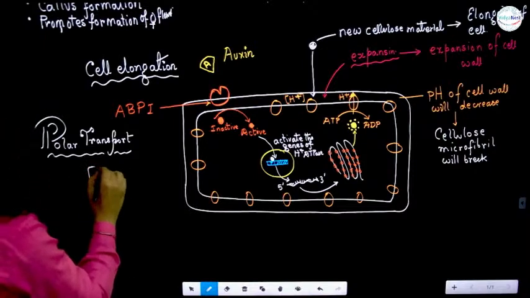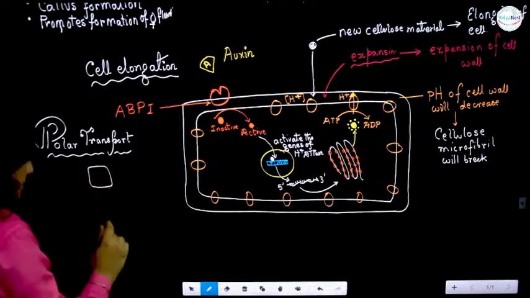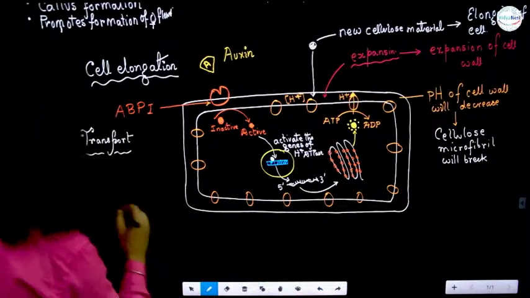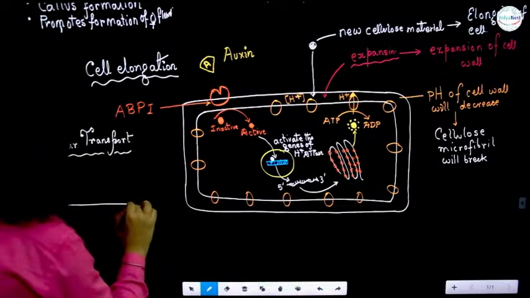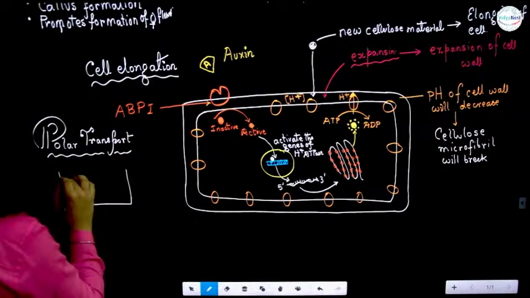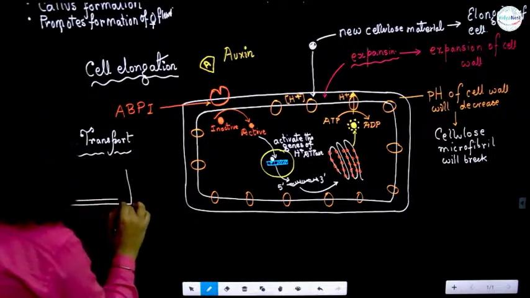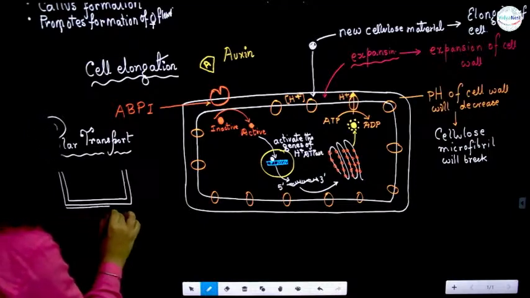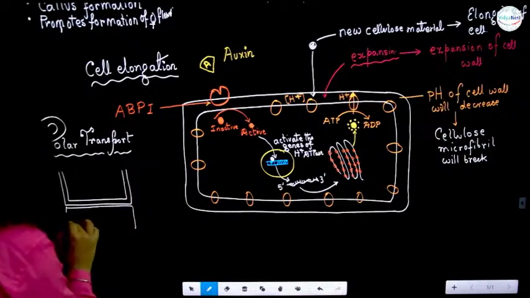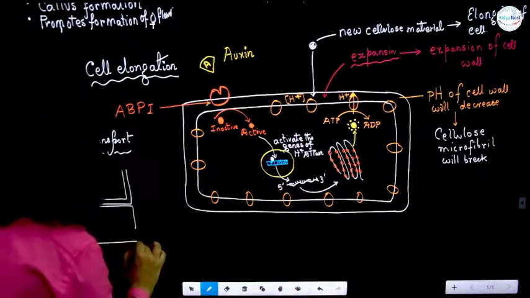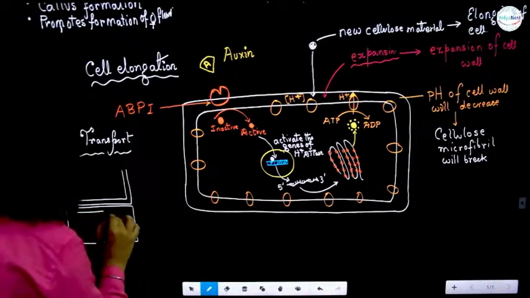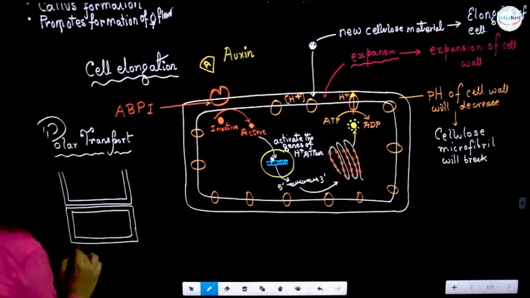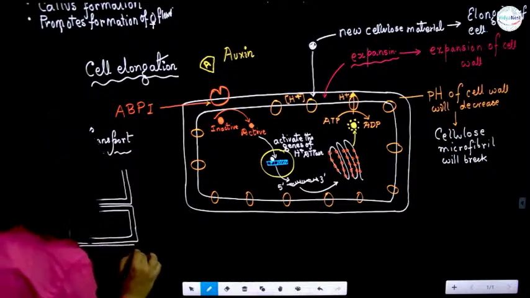That means if this is the cell, this is the first cell, and then this is another cell. Cell to cell transport takes place in case of auxin. And then there is another cell.